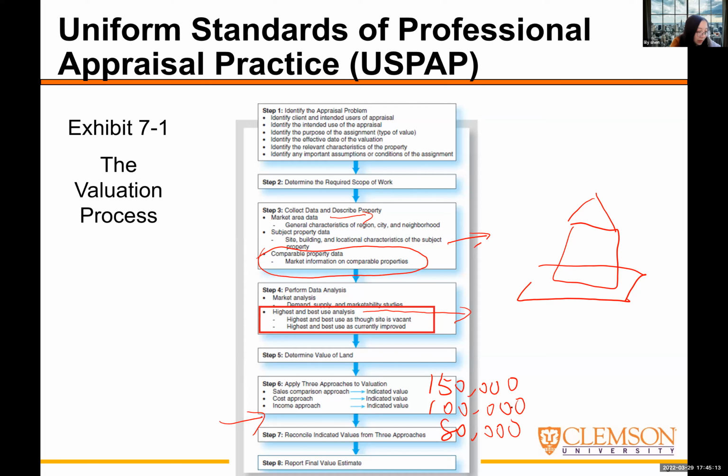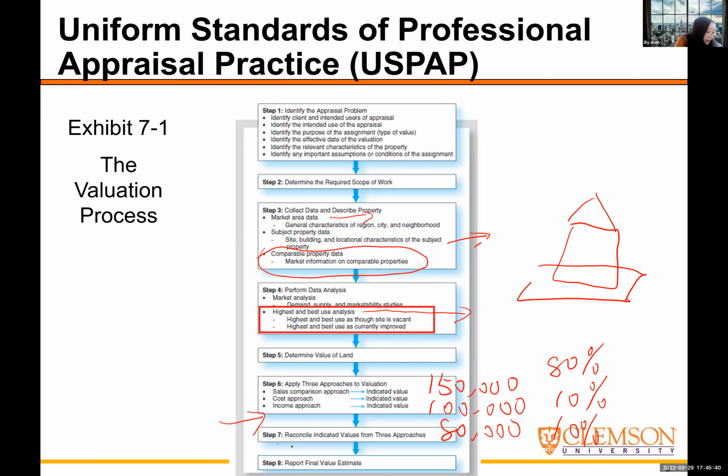You may say, based on the property type, I will give 80% to the sales comparison, 10% for the cost approach because it's not very applicable, and 10% for the income approach. The total percentage would add to 100, and you can take a weighted average of the 3 approaches' indicated values.